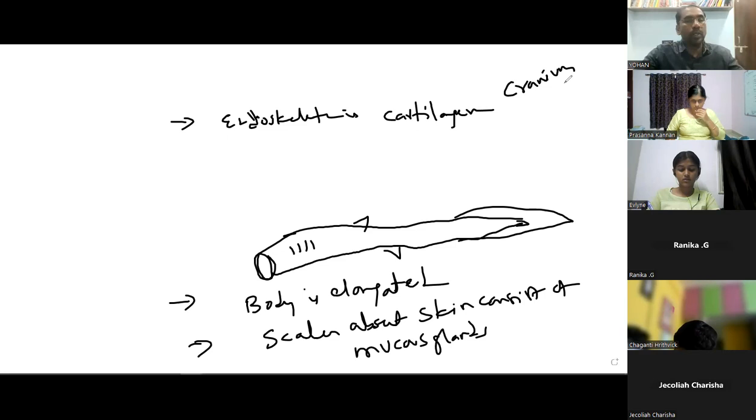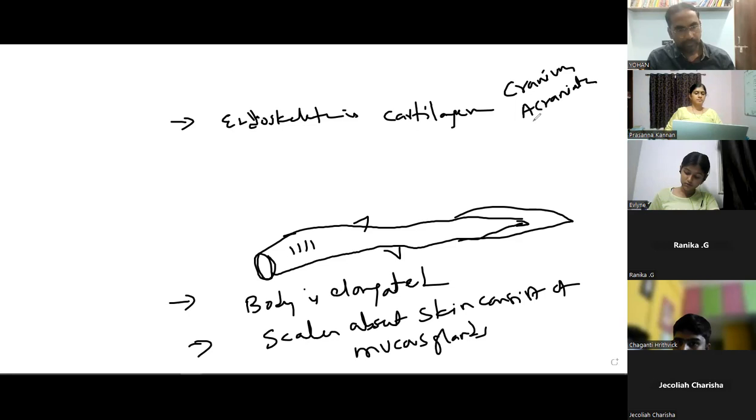And protochordates are called acraniates, no cranium.